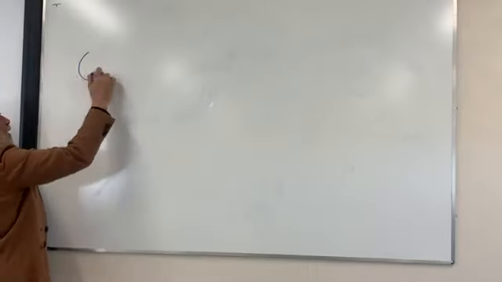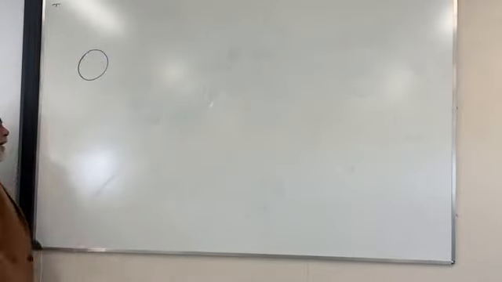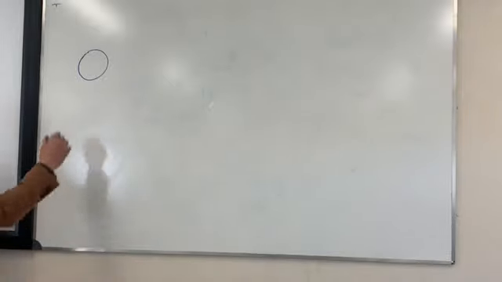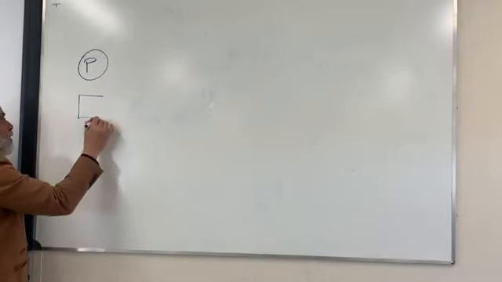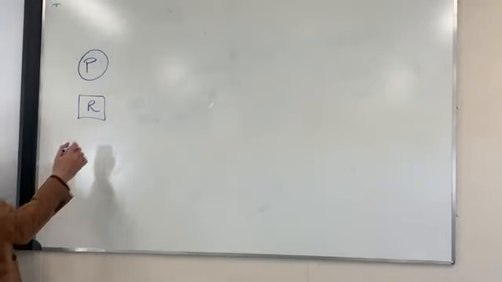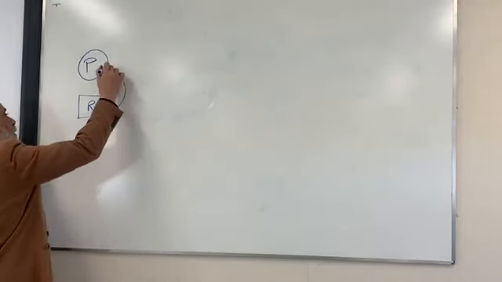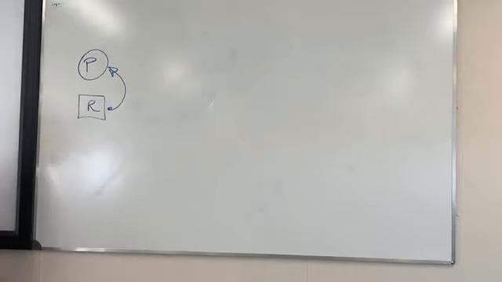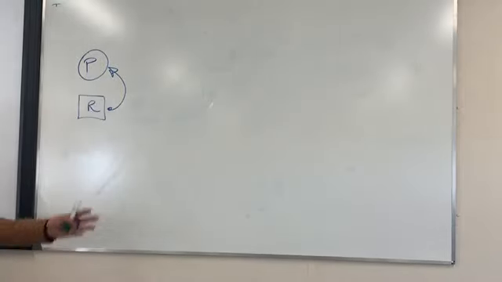So first, this shape here in a diagram refers to a process, and this shape here refers to a resource. And then an arrow is going from the resource to the process. Everybody knows what this means?